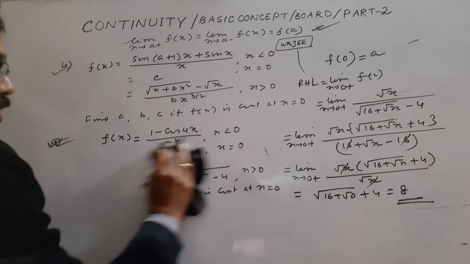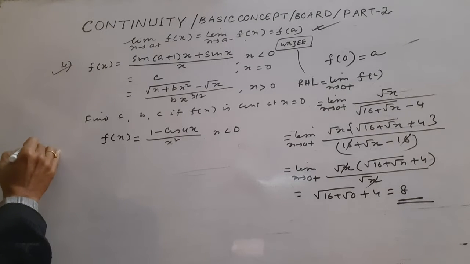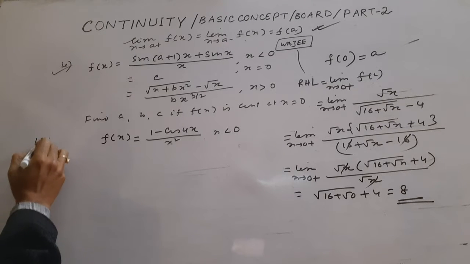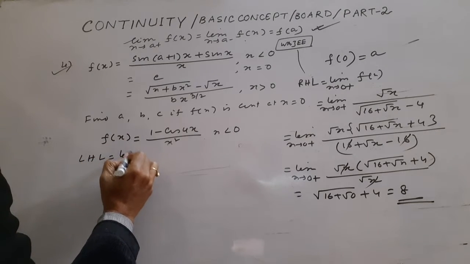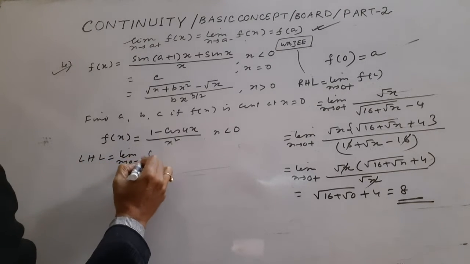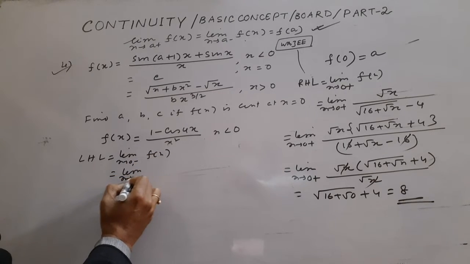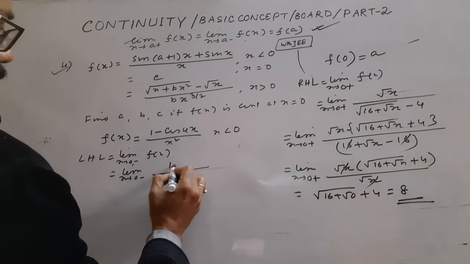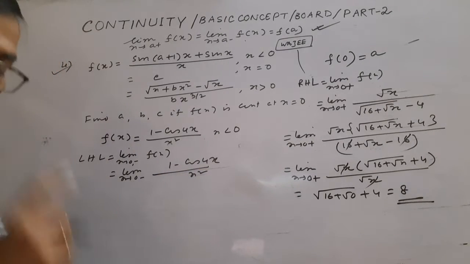Next, we consider the left hand limit. So what is the left hand limit? Left hand limit equals limit x tends to 0 minus f(x). For 0 minus, 1 minus cos 4x by x square.